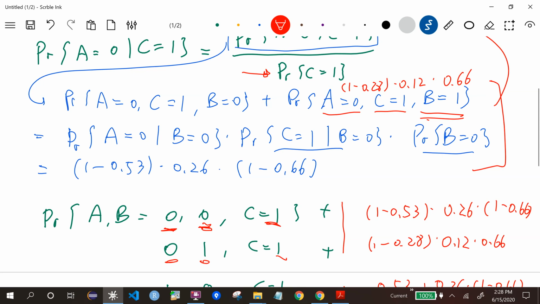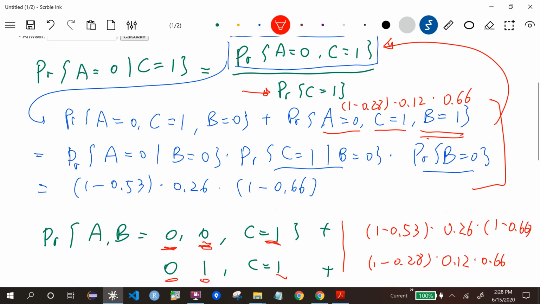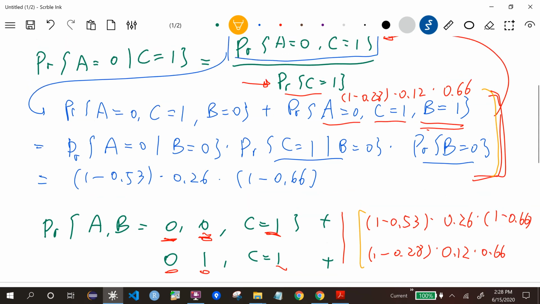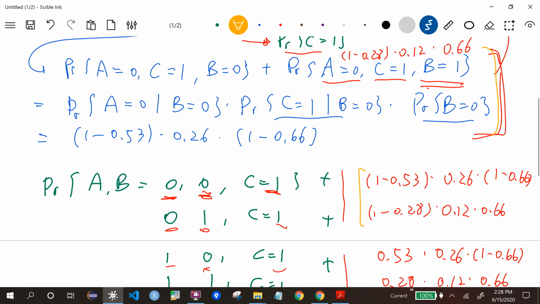One thing you might want to notice is that a part of this is always the same as the numerator, so you may not want to compute these things twice. If you look at the first 2 terms, they are actually the same as the numerator's two terms, and that's always true. So you may want to save some computation there.